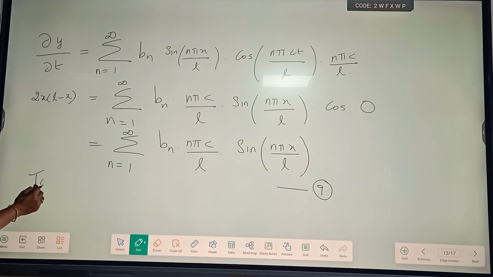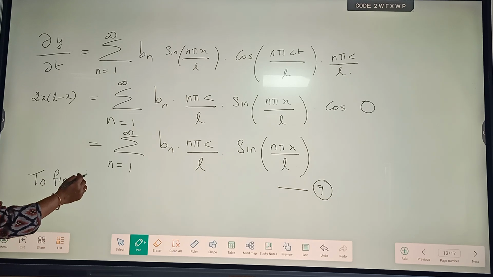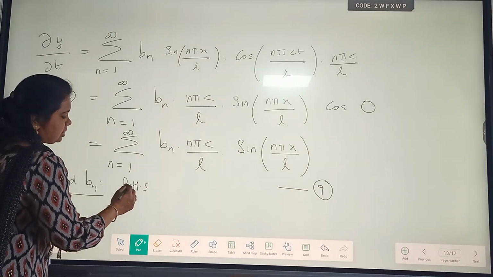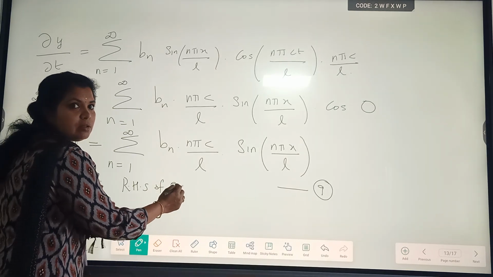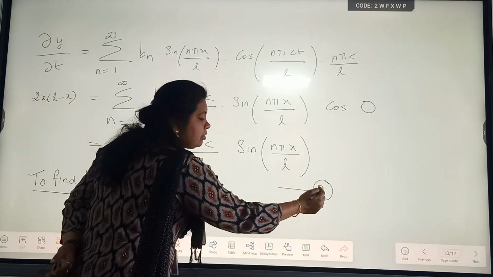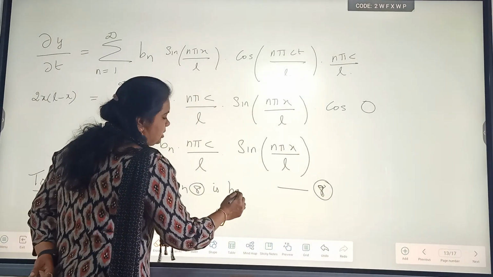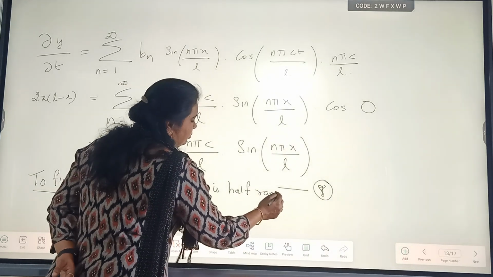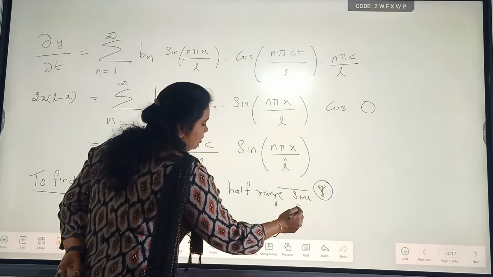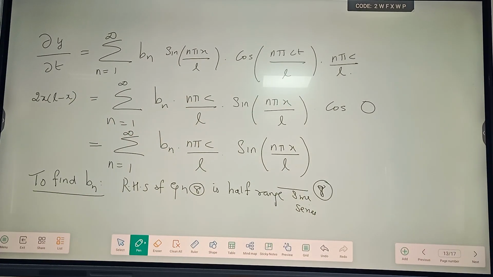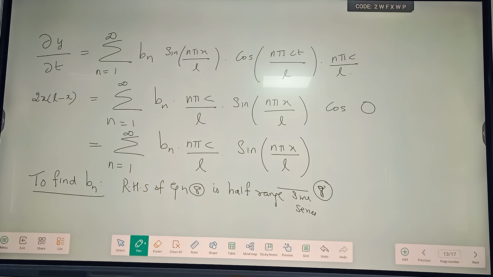Now the question is, we are going to find the value for the coefficient Bn. So how does the RHS look? The RHS of equation 8 is a half range sine series.